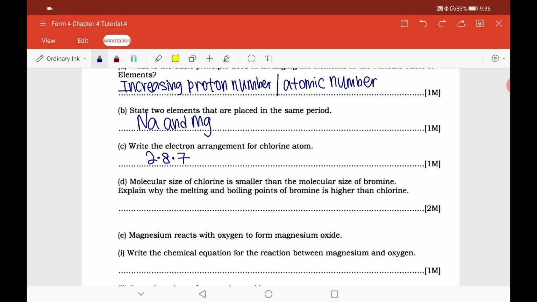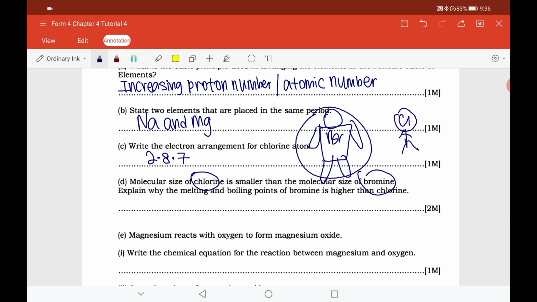We know bromine has a larger size than chlorine. When bromine has a larger size, it means bromine has a stronger force, right? Chlorine has a smaller size, so bromine should have a stronger van der Waals force.